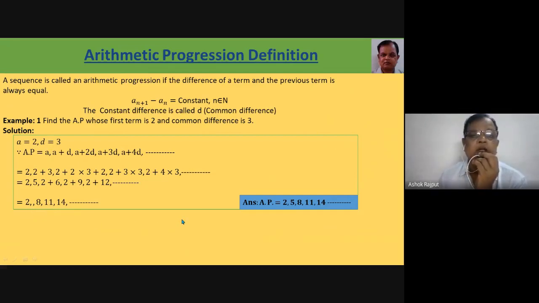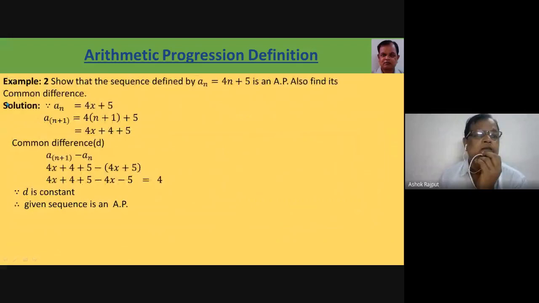Now we go to the next, example 2. Show that the sequence defined by an equals 4n plus 5 is an AP, and also find its common difference.